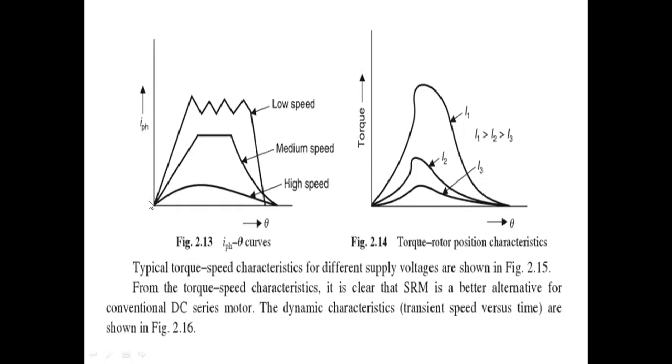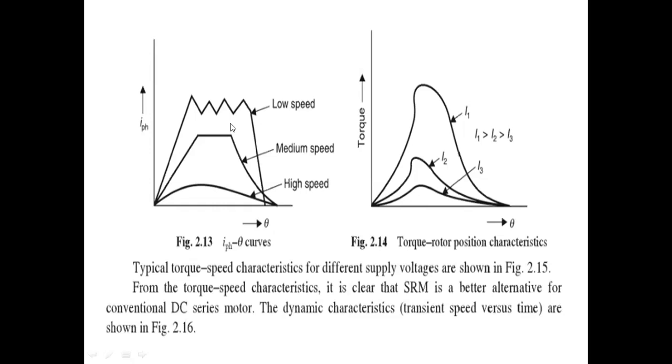And next, for low speed switched reluctance motors, the current is shown with a sawtooth waveform. The graph should be like this, for low speeds and intermittent theta values.